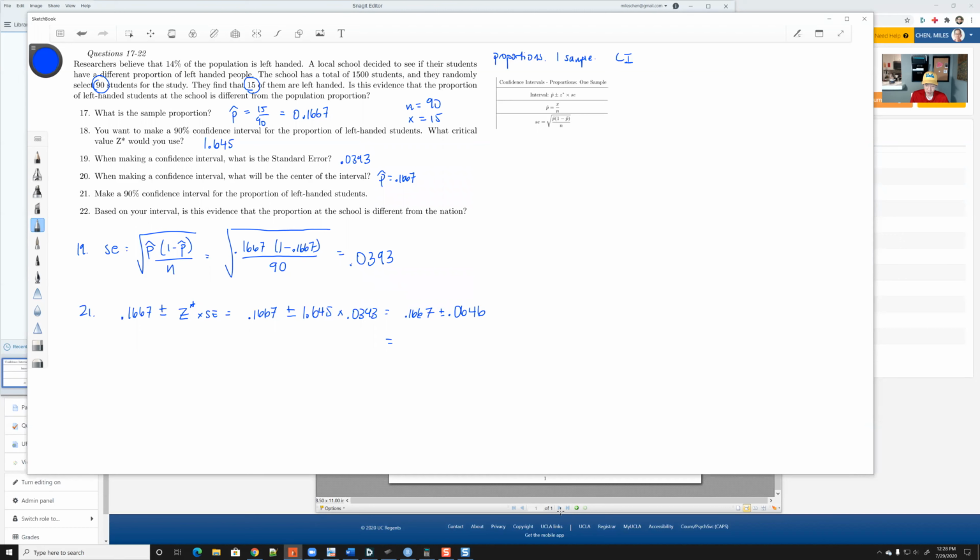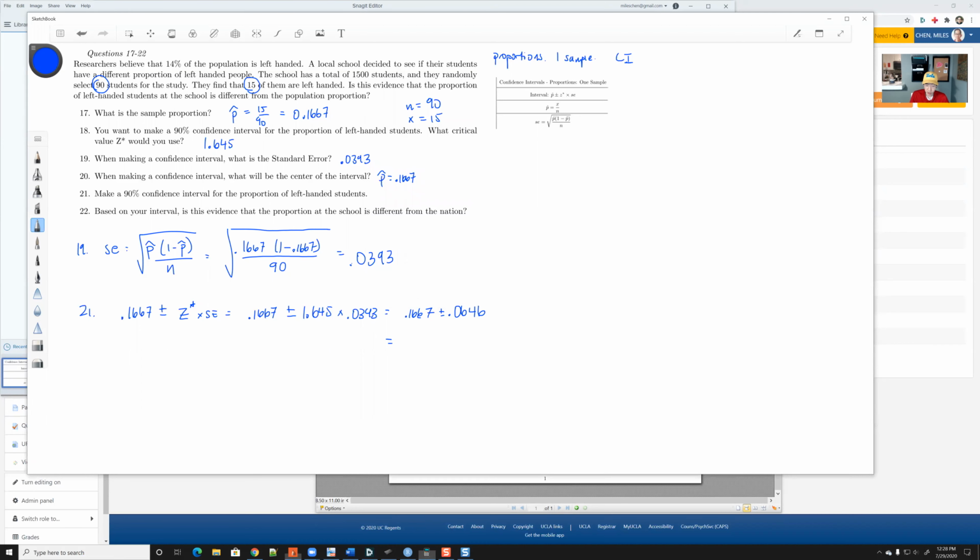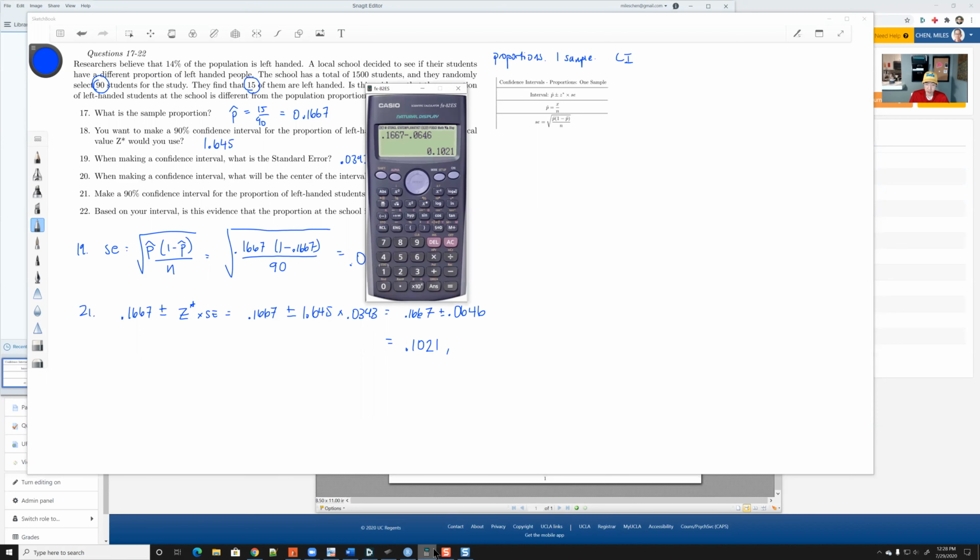All right, so let's go ahead and try this out. 0.1667 minus 0.0646 gives me 0.1021. And then on the other hand, we'll add this, and we get 0.101. Wait, that's not right. There we go, 0.2313.